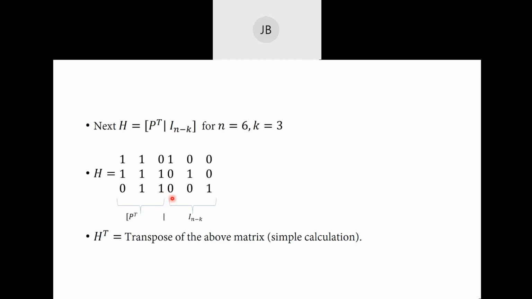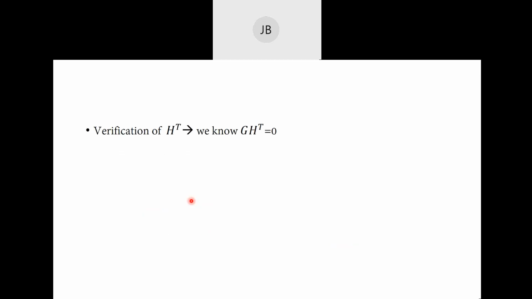So that is the P transpose and I of n minus k part. Also we can verify H transpose, because we know the generalized equation that G into H transpose should be equal to 0, or C multiplied by H transpose is also equal to 0. We already found the value of G, and we got H transpose here. Whether it follows that relation, we will see.